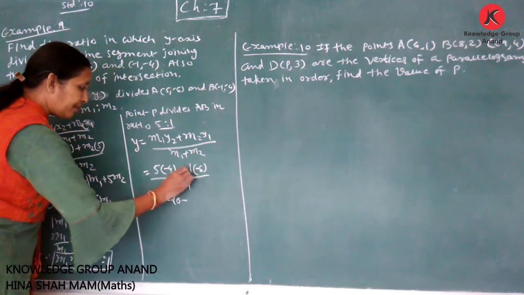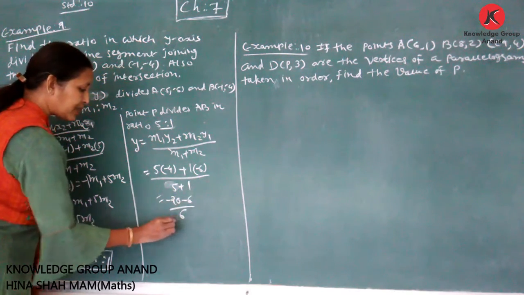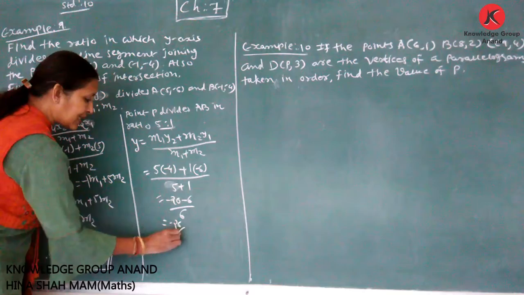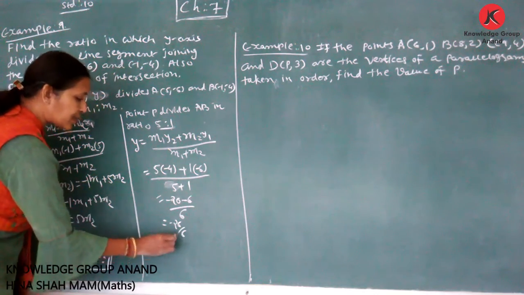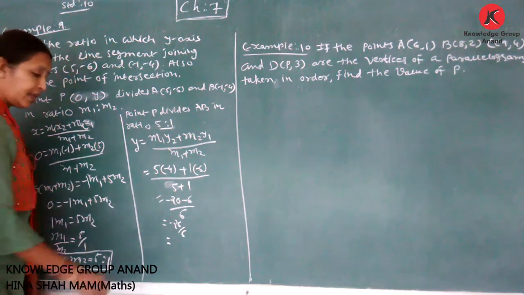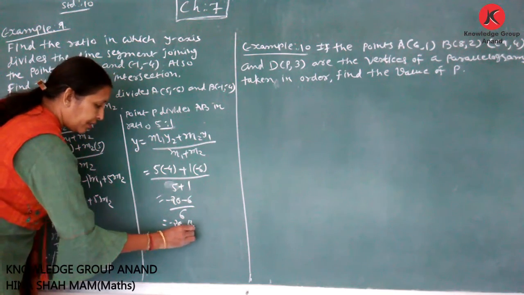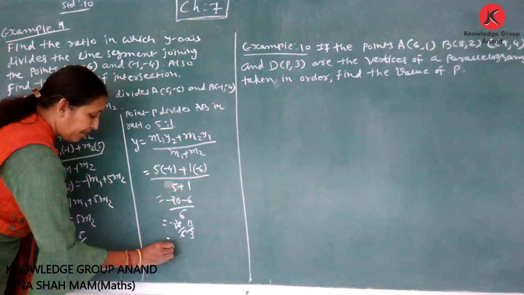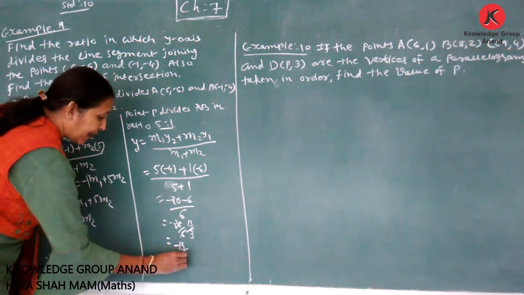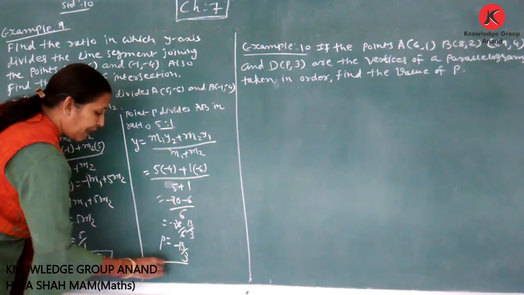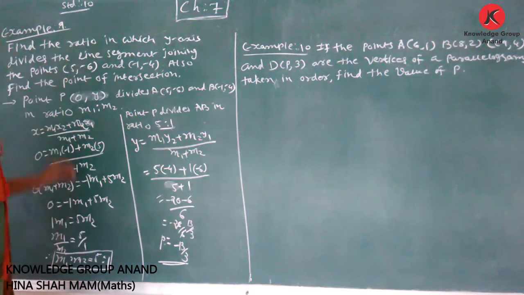Minus 20 minus 6 upon 6 is minus 26 by 6, which is equal to minus 13 by 3. So y is equal to minus 13 by 3.